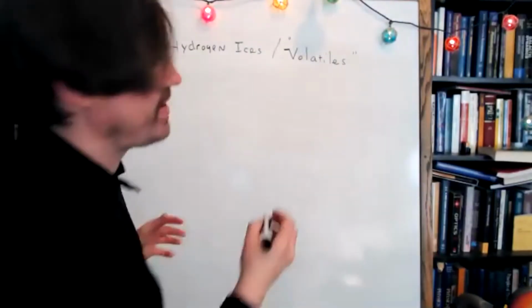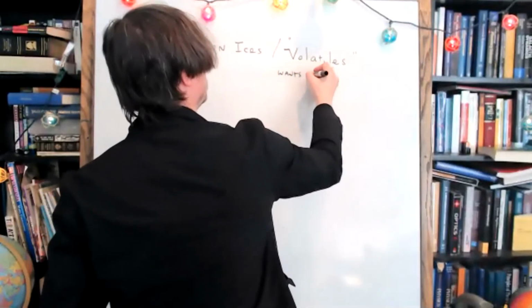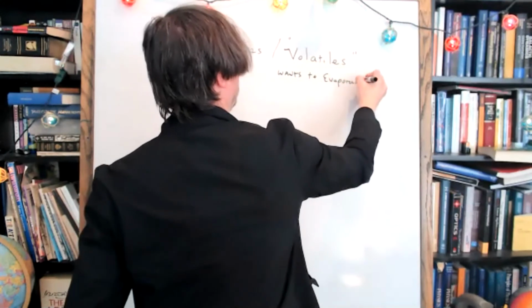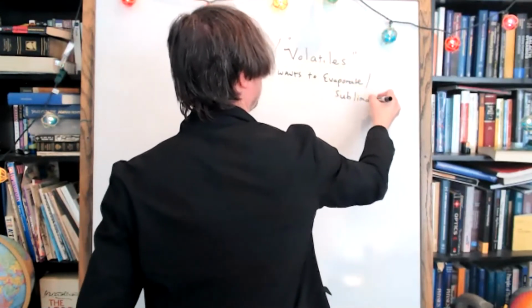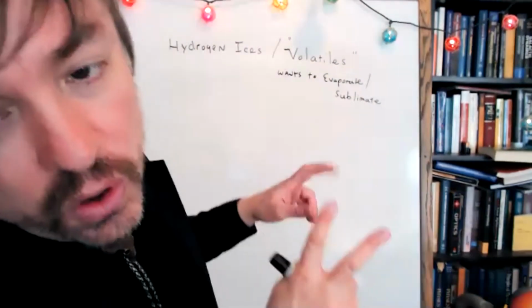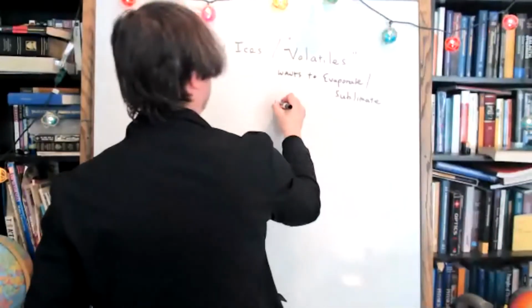But volatiles means it wants to either evaporate, or in space, it really wants to sublimate. Another way to think about volatiles is low melting points or low sublimation points.